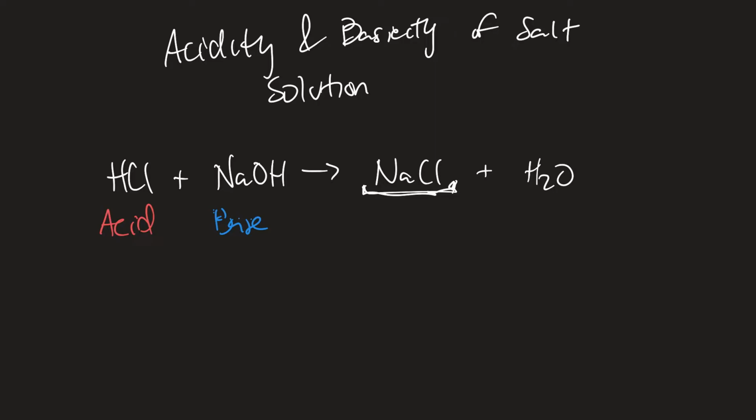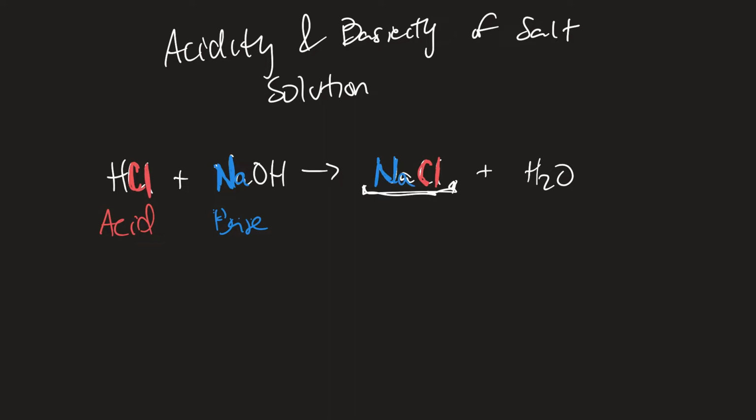Now, when we consider what makes up the salt, one thing you need to realize is that the salt consists of components that come from both the acid and the base. It's always the same case in every acid-base reaction. The anion always comes from the acid, so the chlorine part is coming from the acid, and the cation always comes from the base.